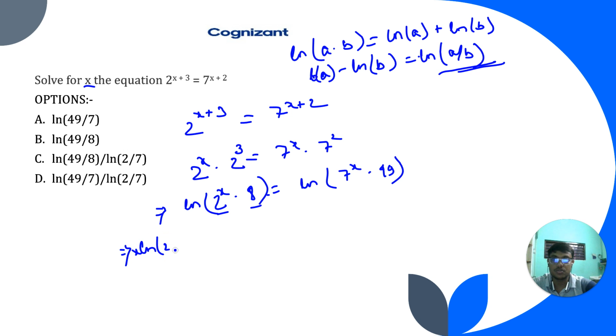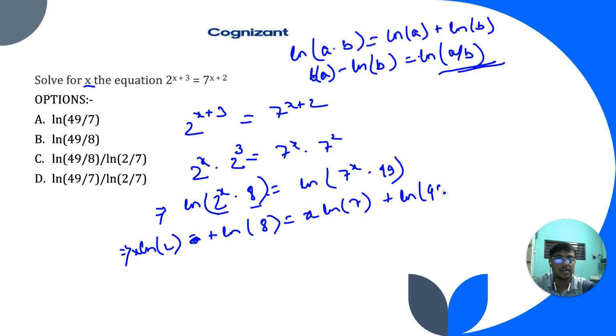x into ln 2 plus ln 8 is equal to x into ln 7 plus ln 49. As you know, this power can be taken out when we are using ln or log over it.